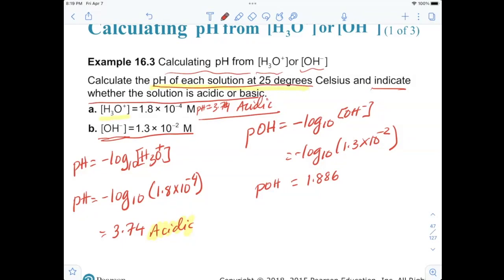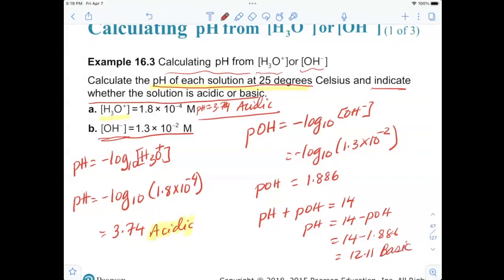So I have to get the pH from the pOH. I remember that pH plus pOH equals 14. Therefore, pH is 14 minus pOH. So that would be 14 minus 1.886 to give me 12.11. So this is going to be basic.